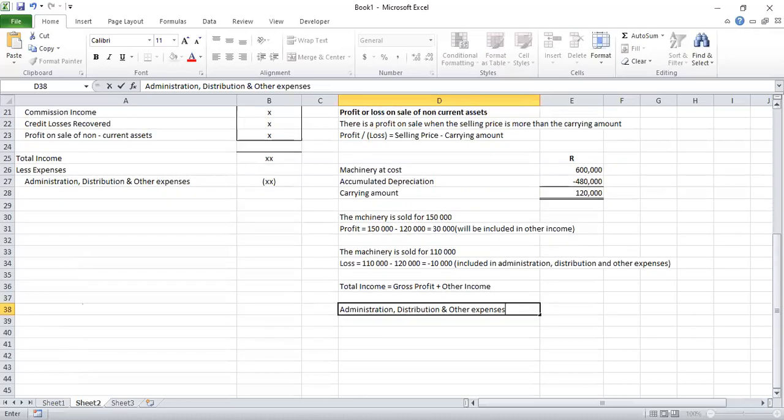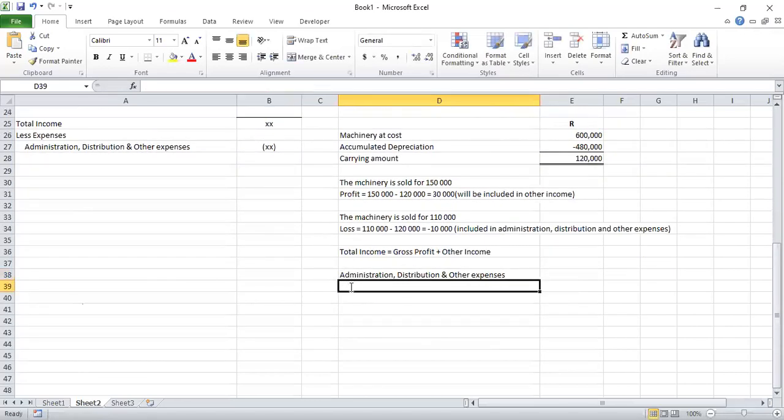This one includes all expenses excluding finance costs, and those relating to purchases.